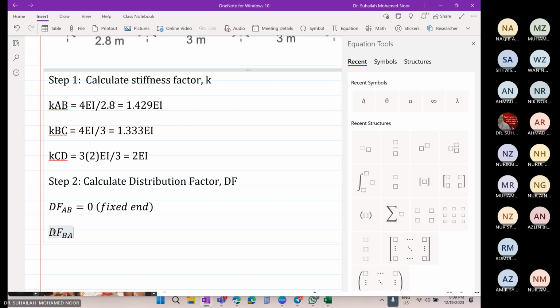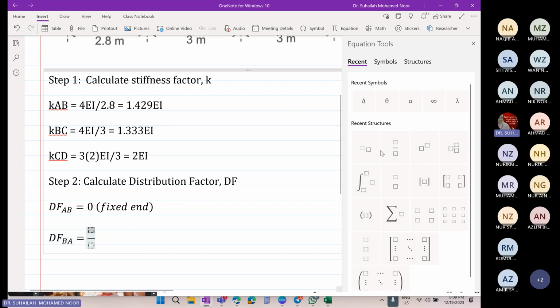KB comes from BA plus BC. KB is the stiffness factor for the joint. At joint B, we have BA and BC.